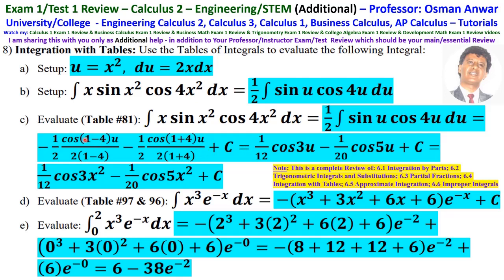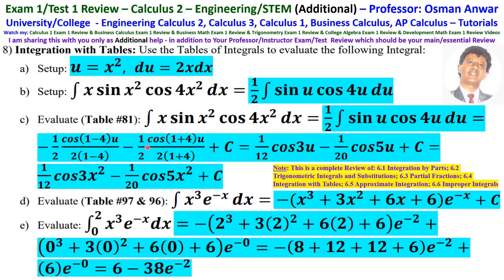So in the numerator, you have cosine of 1 minus 4 times u, which is cosine of minus 3u, which is cosine 3u. Then in the denominator, you have 1 minus 4 is minus 3, times 2 is minus 6, times 2 is minus 12, times the negative sign is 1 over 12 cosine 3u.